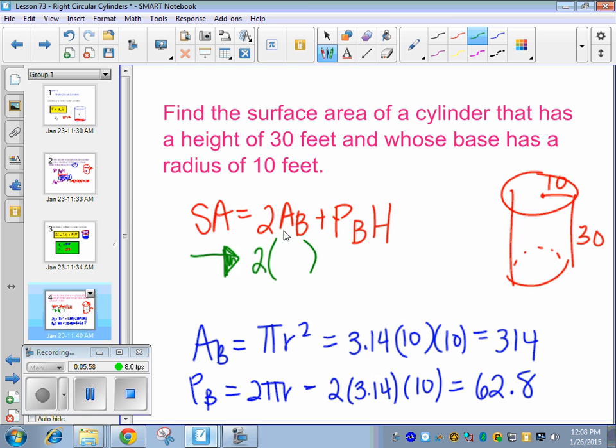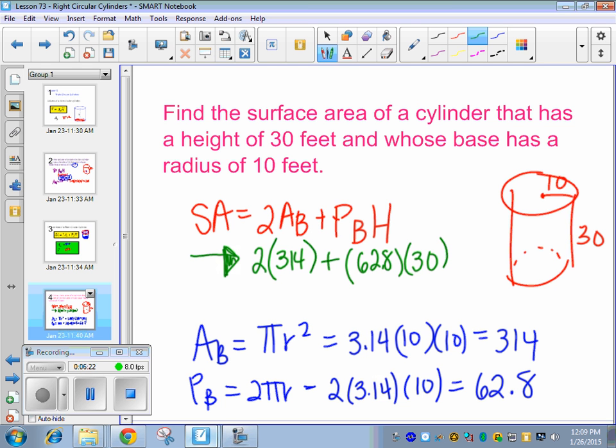So Morgan, what am I going to fill in with area of the base? 314. Remember that. All right, and Jayla, what do I plug in for perimeter of the base? Good. And for height, Ayla, what do I plug in? Good. Okay, so please show that step. Makes everyone's lives so much better.